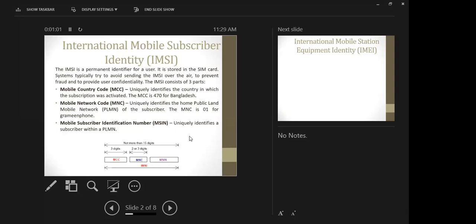This identity is called IMSI, International Mobile Subscriber Identity. None of you really know what your IMSI is. You are just given a phone number. If you have lost your SIM and you take a new one, then you definitely get a new IMSI.